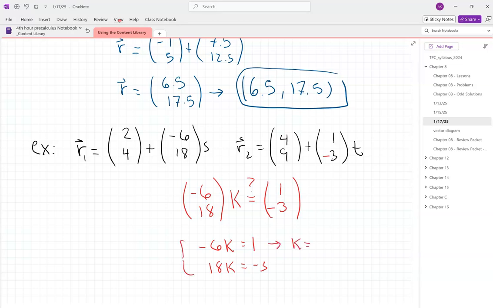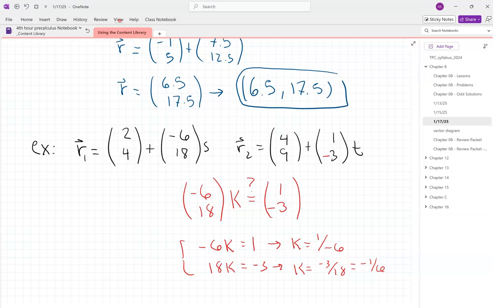For the first one, I get k equals negative 1, or 1 over negative 6. For the second one, I get k equals negative 3 over 18. I notice that second fraction can reduce, right? What does 3 over 18 reduce to? 1/6.